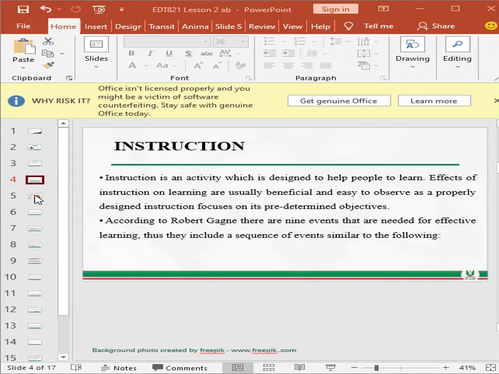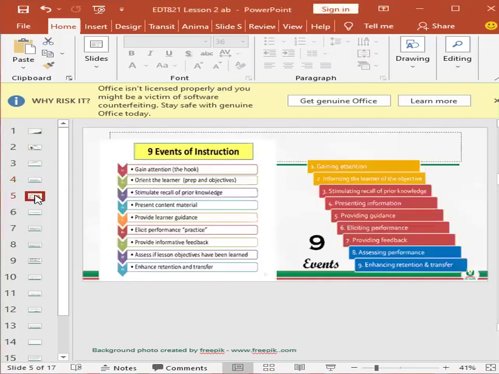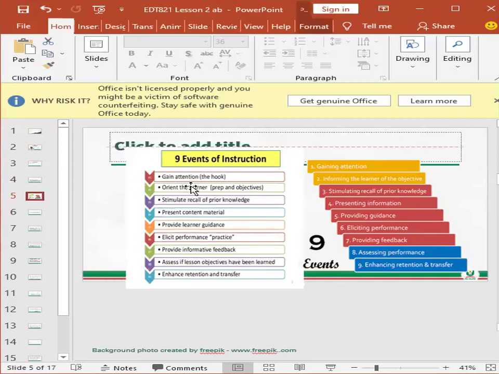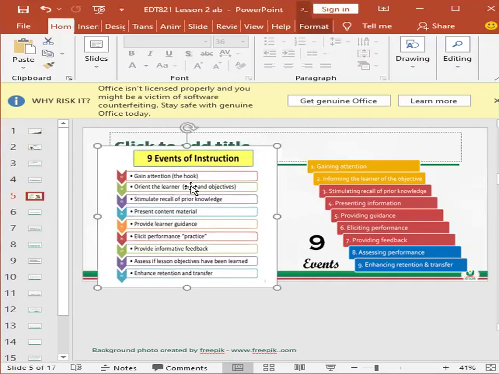Thus, they include a sequence of events similar to the following 9 events of instruction. We have one, which is gain attention. Yes, gain attention. This is gaining attention.